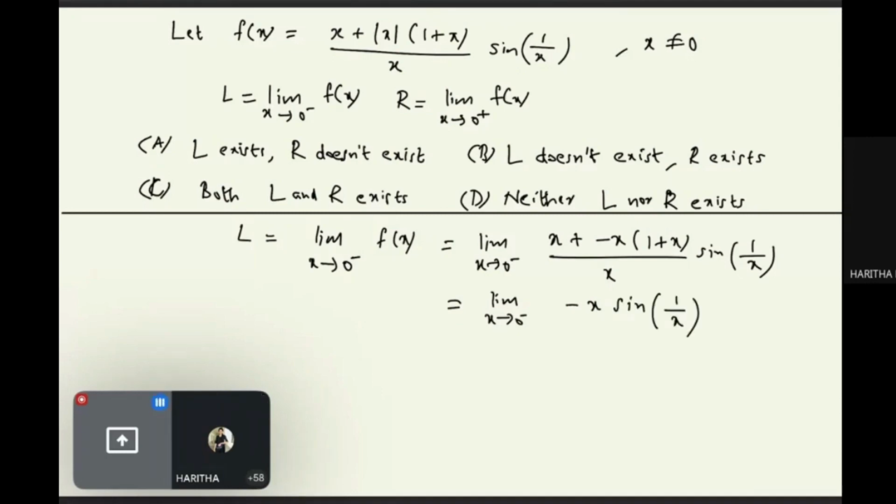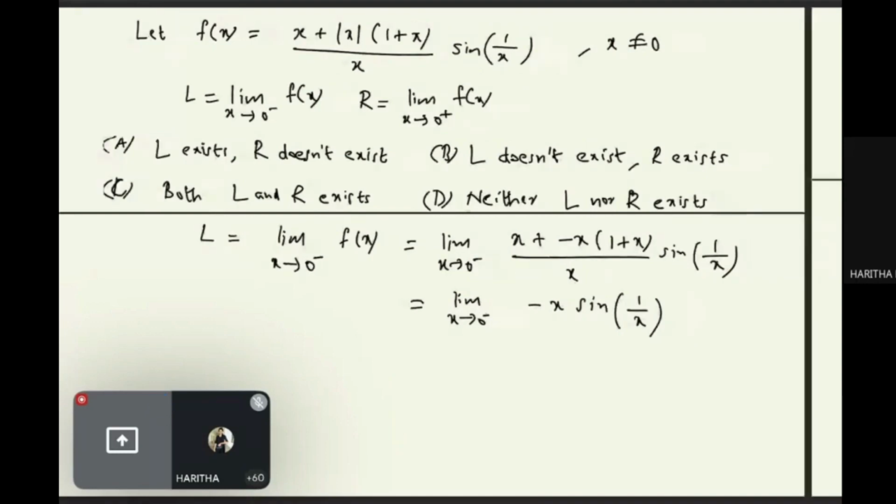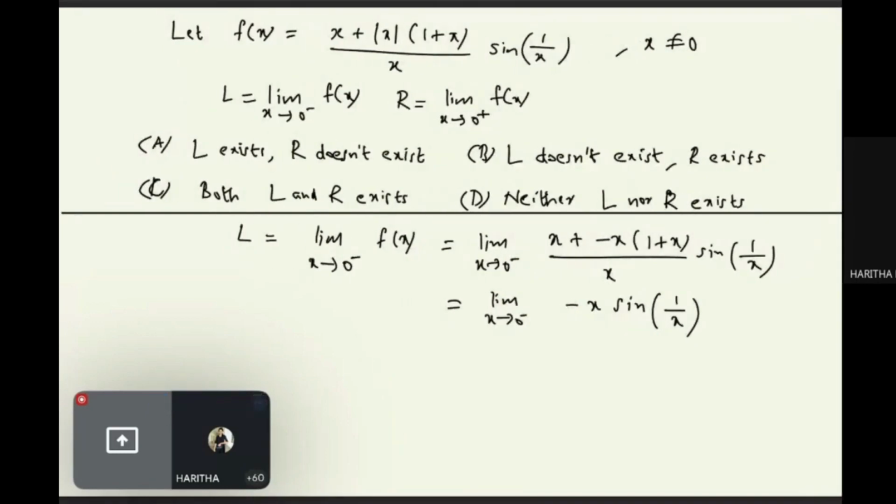Now, whether this limit exists or not, any idea? The squeeze theorem. Okay, so you think this exists. And what will be the value? So we are talking about zero.